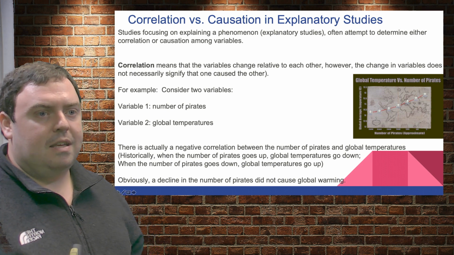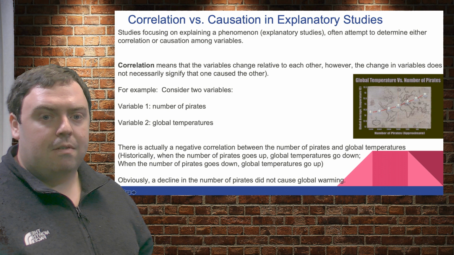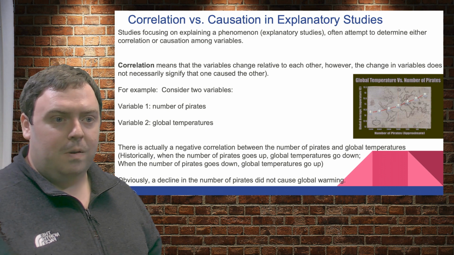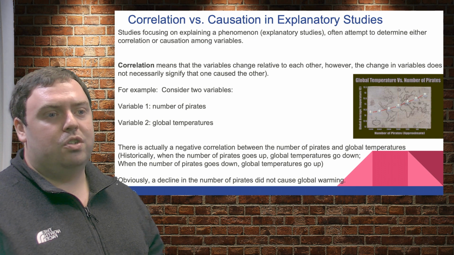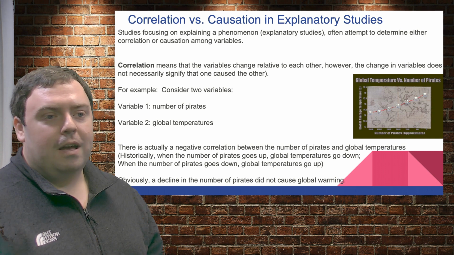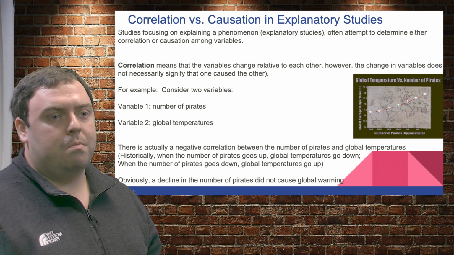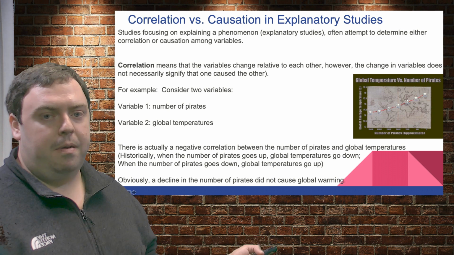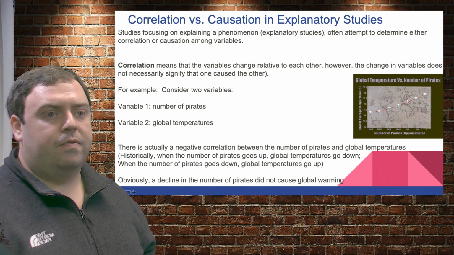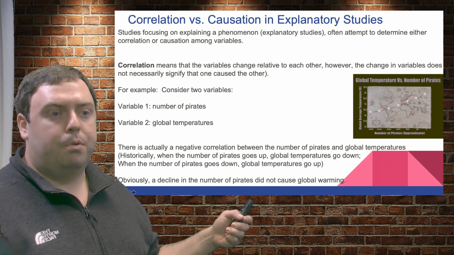The number of pirates is the independent variable, and the dependent variable is the average temperature. On this slide, they found that for some reason, when the number of pirates went up, the global average temperature went up.